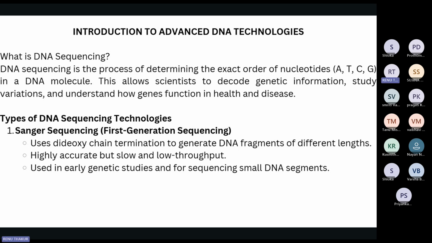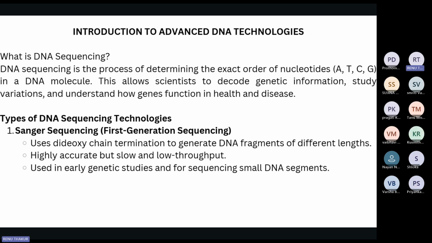DNA sequencing is the process of determining the exact order of nucleotides, that is ATCG, in a DNA molecule. This allows scientists to decode genetic information, study variations, and understand how genes function in health and disease. As I was giving the introduction to this module yesterday, I spoke about this.